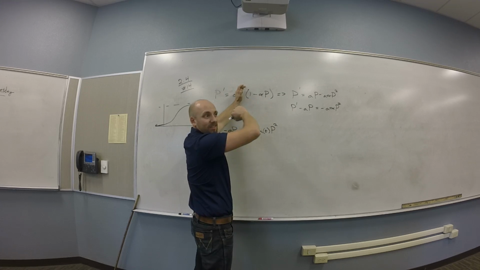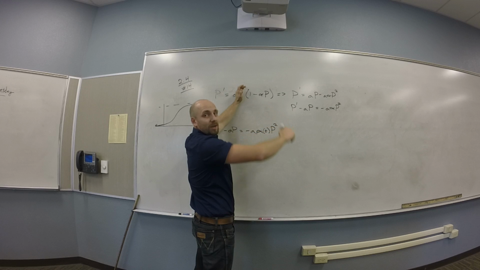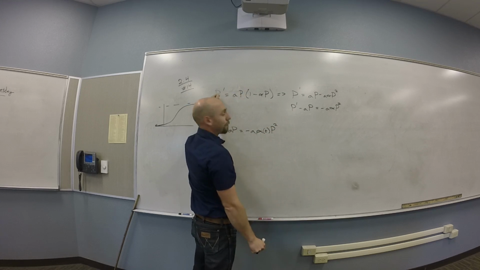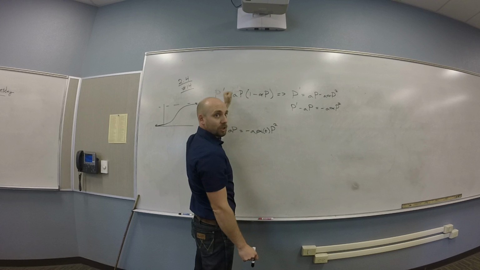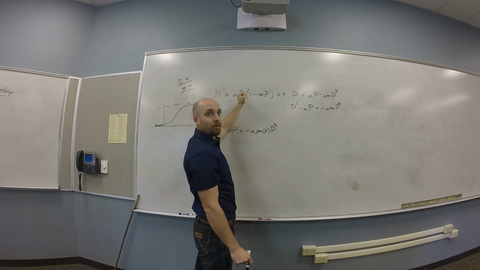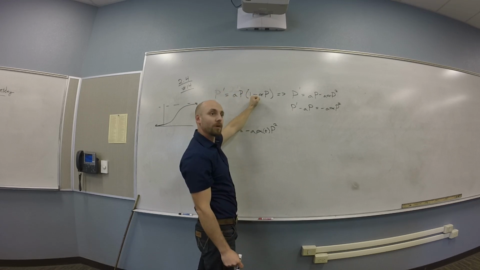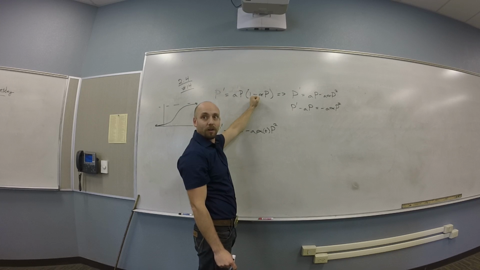Another way you could think about this is the rate of change of population is basically proportional to the population except for some kind of interaction that might occur to the detriment of one of the members of that population. You guys cool with this?